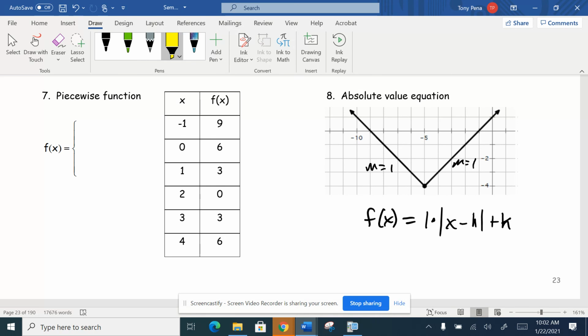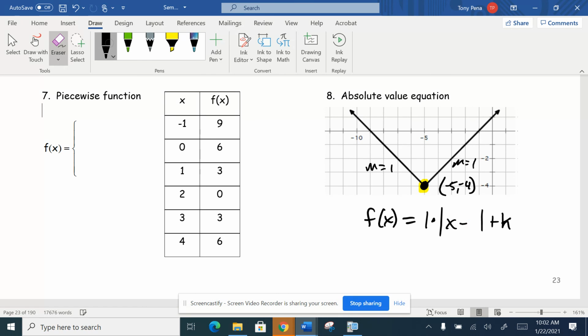If we then talk about the x coordinate, you're going to look at this point here, our vertex point. That's -5, -4. Let me rewrite this. So we would now do x minus a -5.